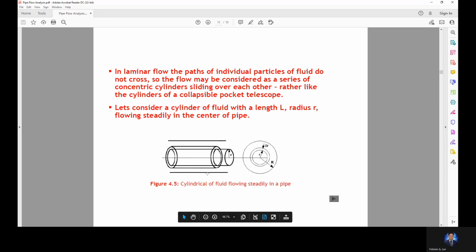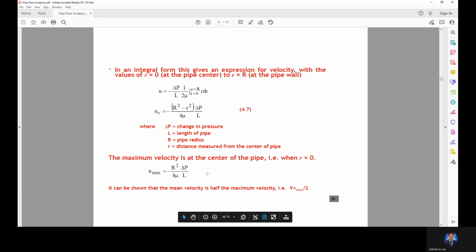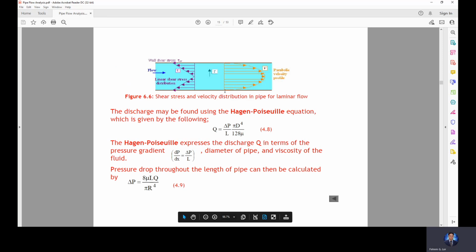So if this is the cross section of the pipe, which is circular, for laminar flow this is its velocity profile.